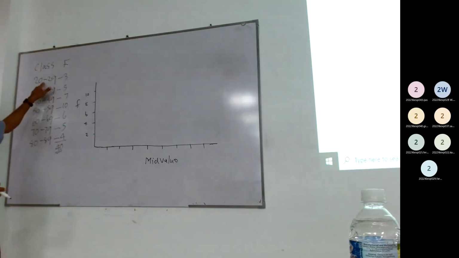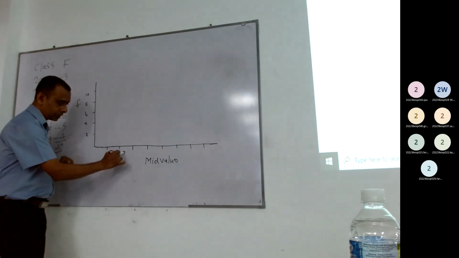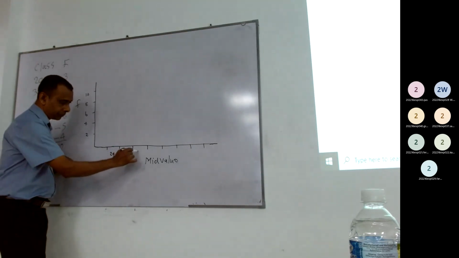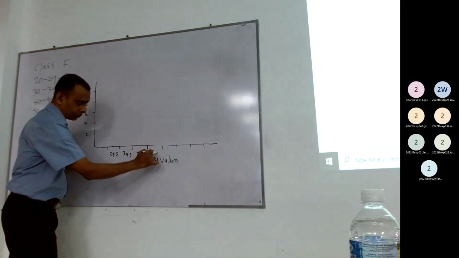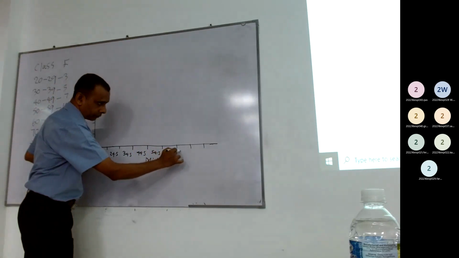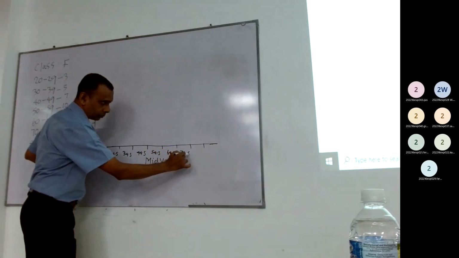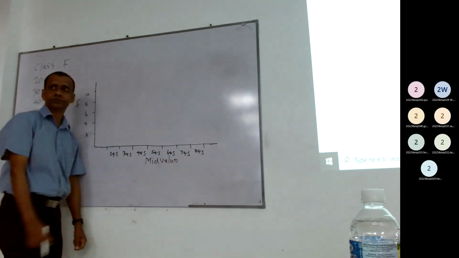I take mid value. 20-29 mid value 24.5. Then 34.5, 44.5, 54.5, 64.5, 74.5, 84.5.